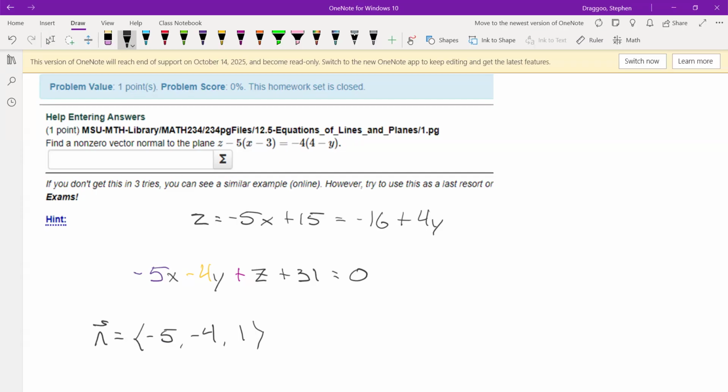Since I just need a normal vector, any scalar multiple of that vector, or any vector that is parallel to -5, -4, 1, will also solve the problem. This just seemed like the easiest one to get. But if you moved all of your terms to the other side, you could have easily gotten 5, 4, -1. It's the other most common answer I would see in this problem. And we'll, of course, accept either one. All you need is a vector that is normal to the plane, not any specific one.